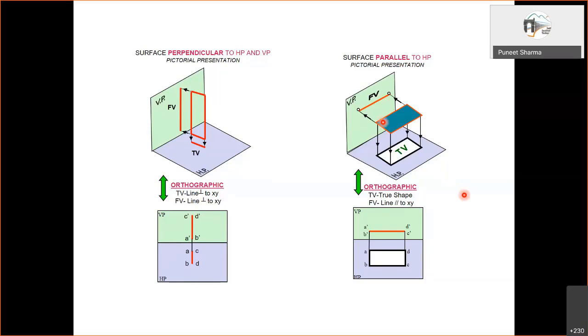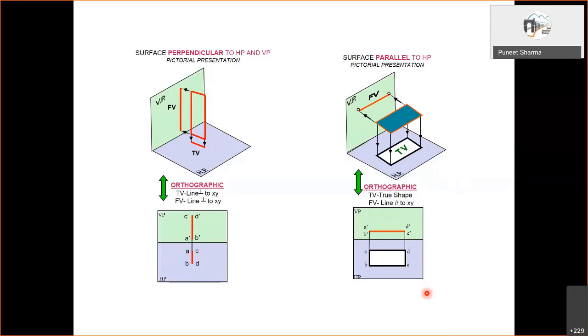So this plane figure will remain perpendicular to the vertical plane by default, and therefore here we get the line view, and the top view gives us the true shape. So whatever are the exact dimensions and included angles of this plane figure, the same will be visible in the top view.